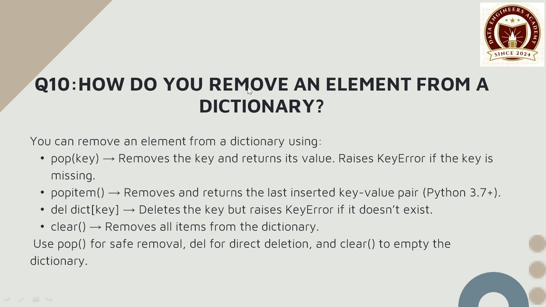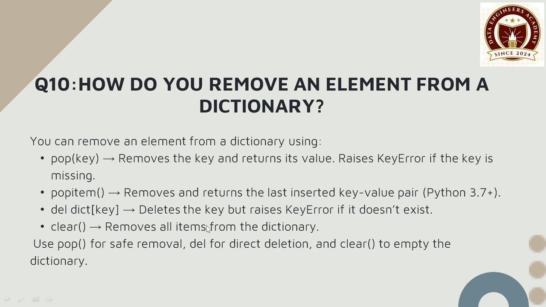Next question, how do you remove an element from a dictionary? We can remove an element from a dictionary using different methods. First one is pop of key. It removes the key and returns its value, and raises a KeyError if the key is missing. Popitem removes and returns the last inserted key value pair. Del dict of key deletes the key but raises a KeyError if it does not exist.